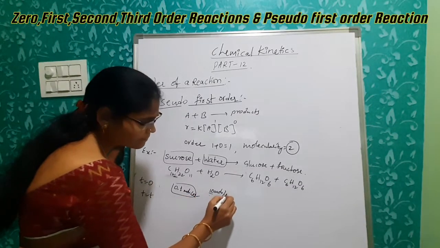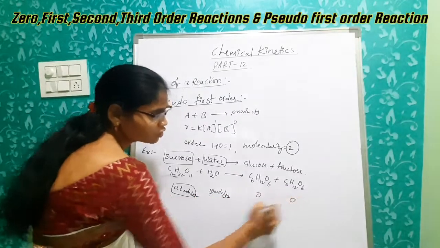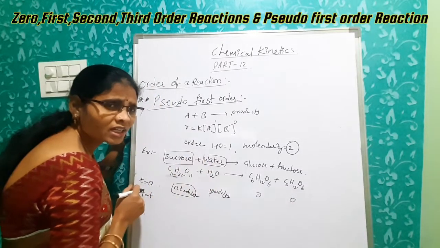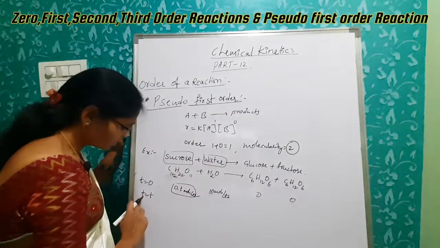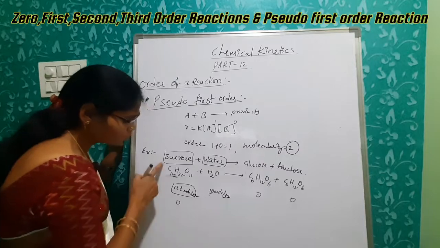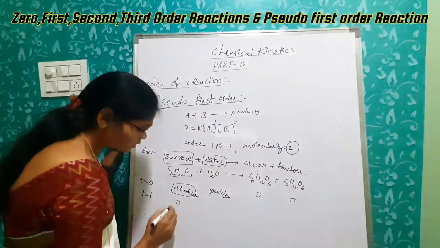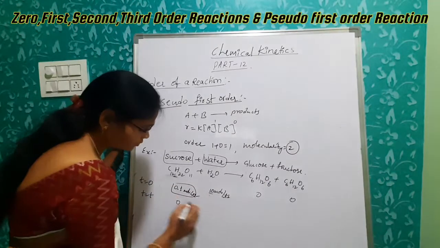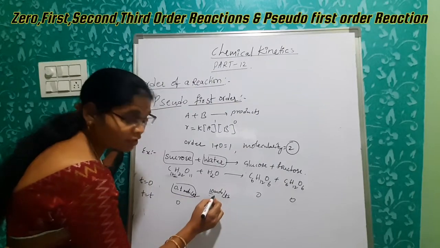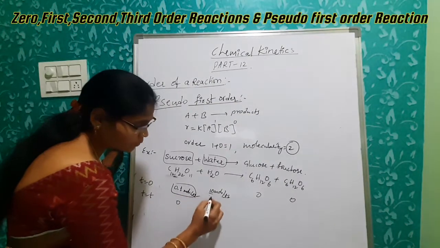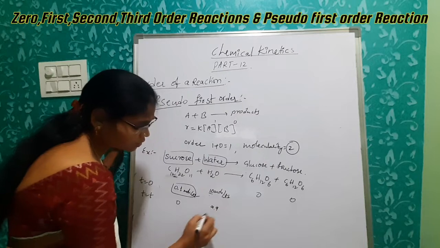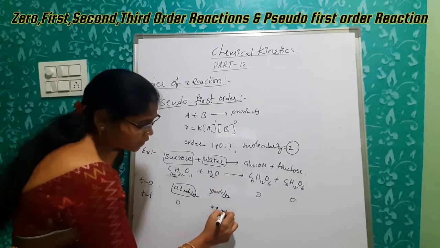Initially there are no products because the reaction has not started. After some time, sucrose has completely reacted to give products, so 0. So 0.1 takes 0.1 only. So after completion, the remaining water is 9.9 moles per liter.